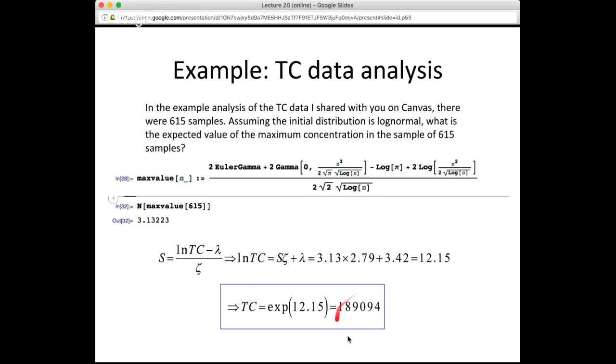So that's actually quite a bit larger than the 16,000 that we saw was the censored value in that data set, and kind of gives you a sense of how extreme the concentrations can get, at least according to this analysis.